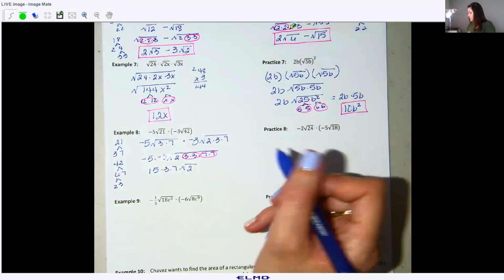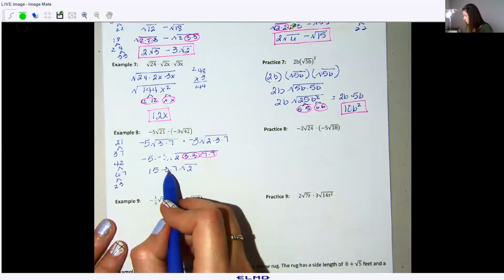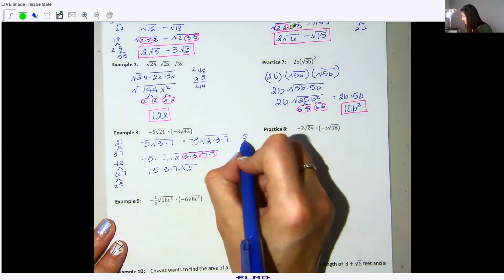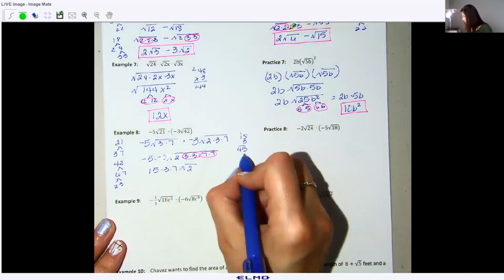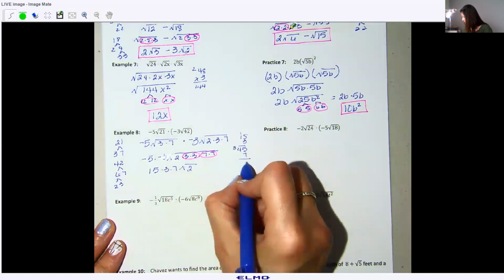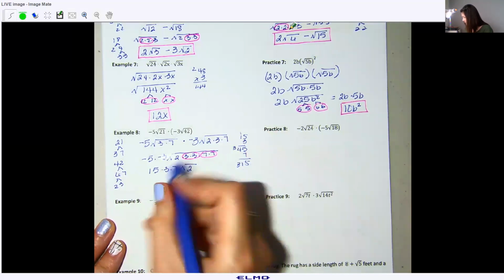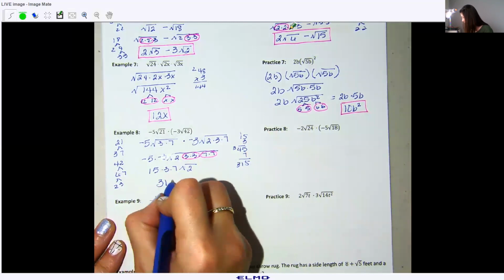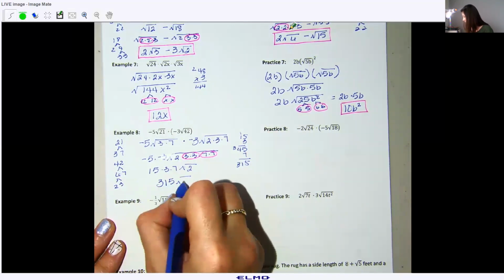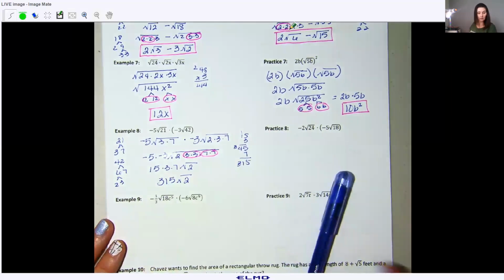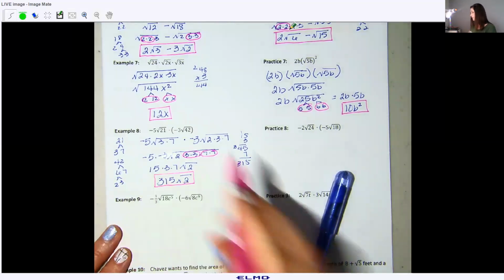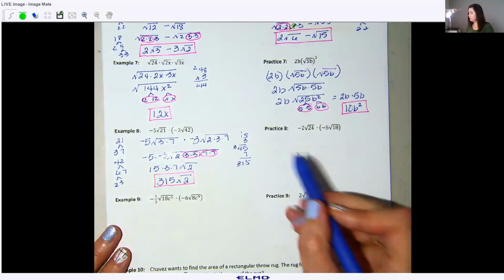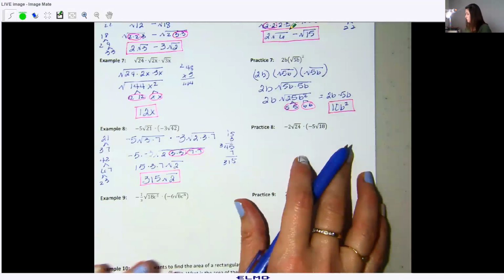All right, so now we have 15 times 3, which is 45. And then 45 times 7 is 315. So 315 square root of 2 is your answer. All right, practice 8 is very similar to that if you want to try that.